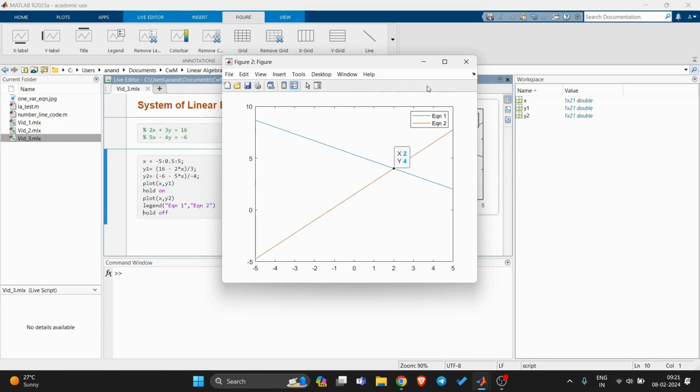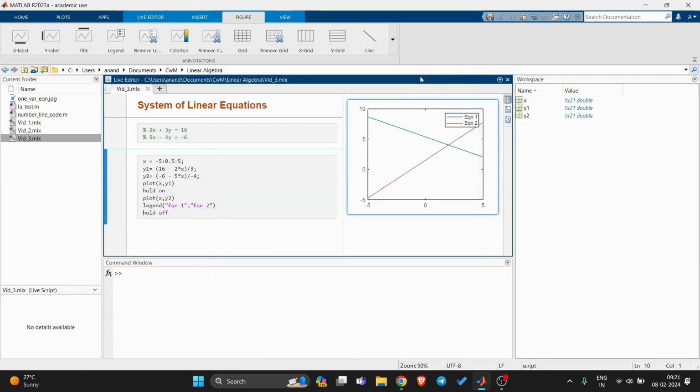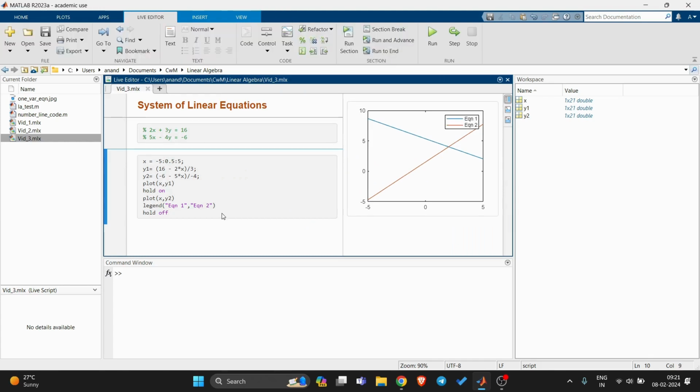Now it's not always very easy to solve equations graphically. For a system of three variables, the figure would be three-dimensional. So let's take an example with three variables. 7x plus y plus 5z is equal to 27.